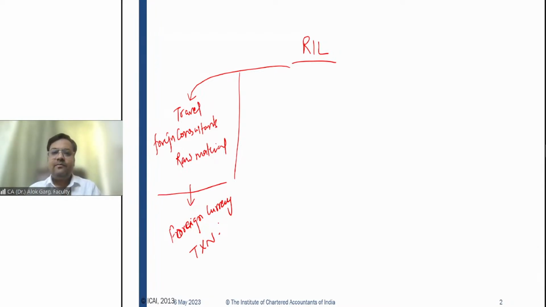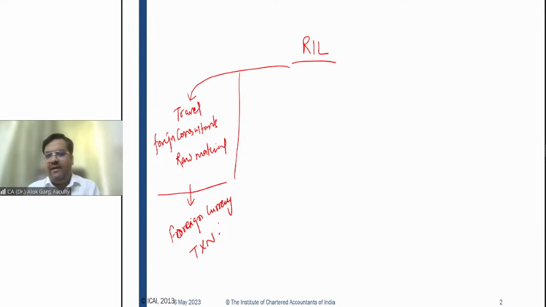For example, 3 years before I was traveling to Dubai. I converted my INR into AED, Arabian Dirham, because INR is not circulated there. INR is not a legal currency in UAE. In UAE, you have to do the transactions in AED.